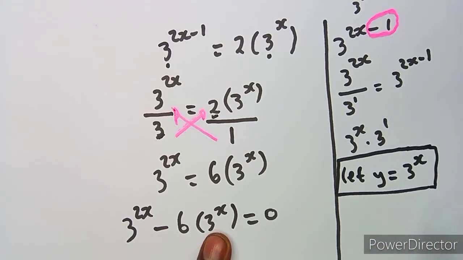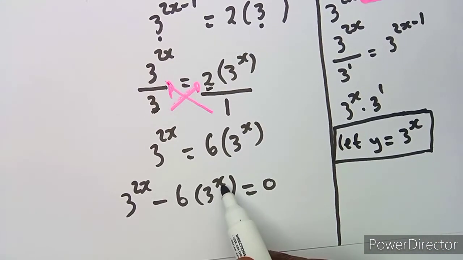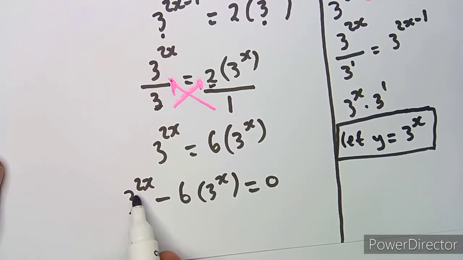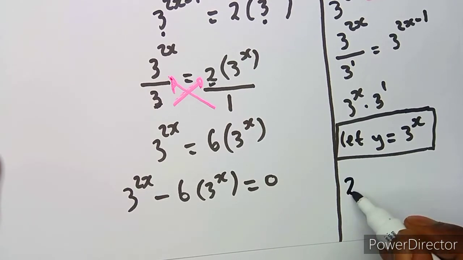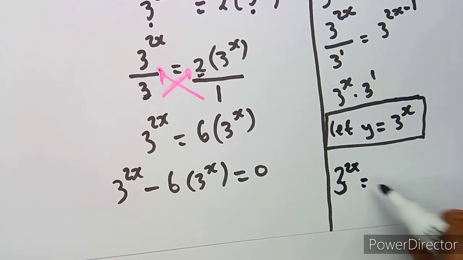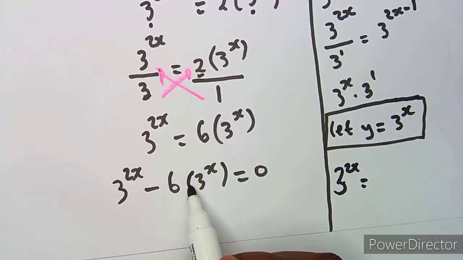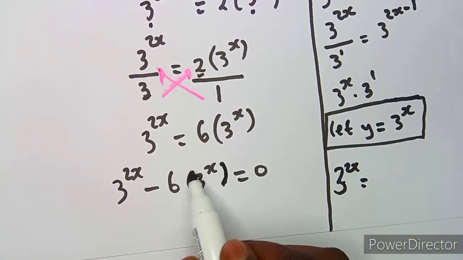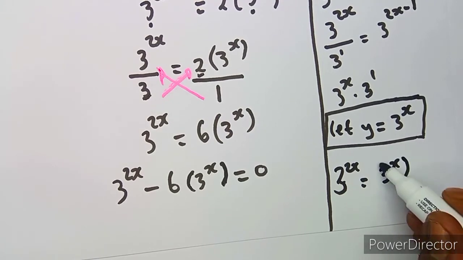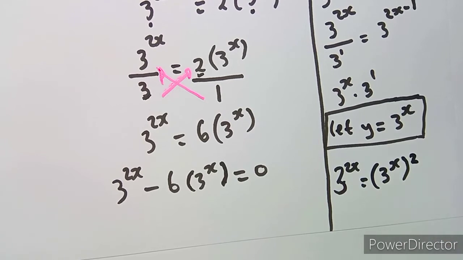All right, so if I introduce y in place of 3 to the exponent of x, here this is 3 to the exponent of 2x, which I know can be written like this. 3 to the exponent of 2x is the same as, remember, I want to write it in terms of 3 to the exponent of x. So this is going to be 3 to the exponent of x, like this, to the exponent of 2. I haven't changed anything from your laws of exponents.